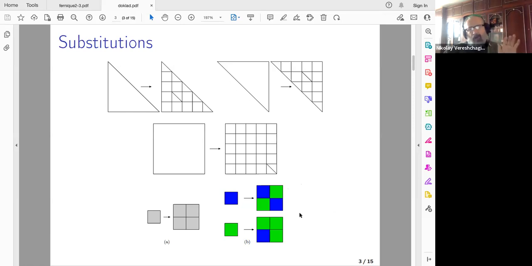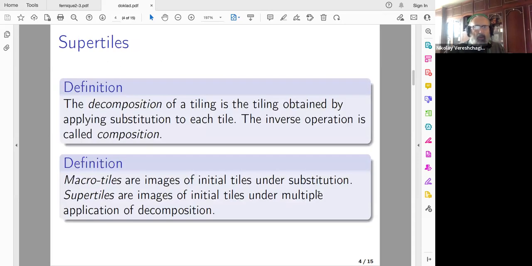So a set of polygons is given, a substitution is given, and we want to define what a hierarchy means. So what does it mean that the tiling is hierarchical? That means the following. Every substitution defines the notion of decomposition of a tiling. This means the following.